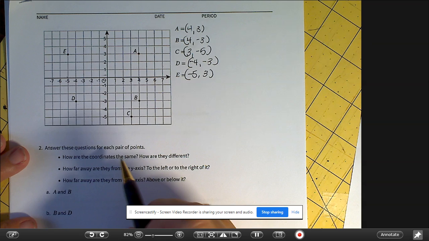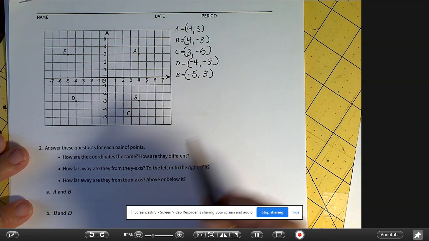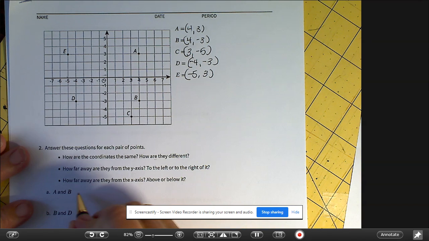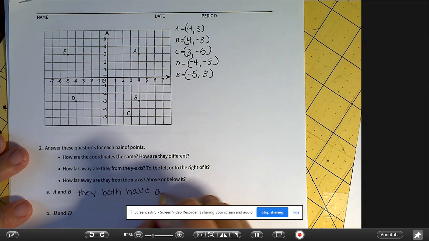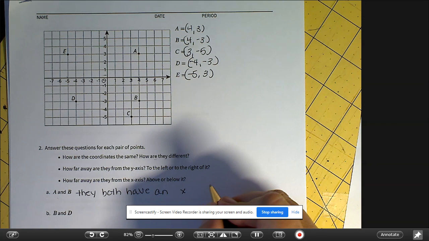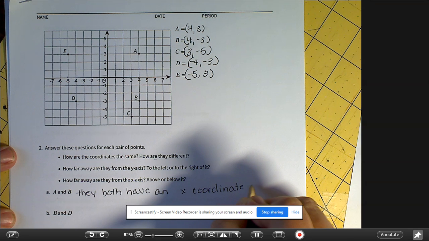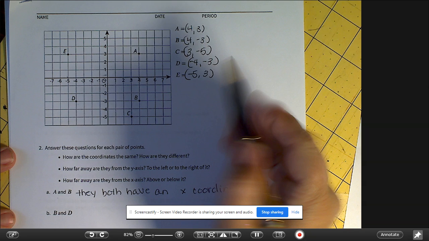Answer these questions for each pair of points. How are the coordinates the same and how are they different? So how are A and B the same? They both have an x coordinate of 4. How are B and D the same?